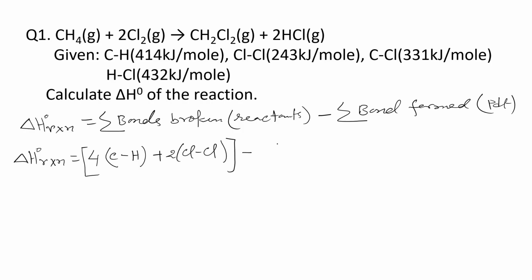Minus, what is there? Look here, 2 carbon hydrogen bonds, then 2 carbon chlorine bonds, so plus 2 carbon chlorine bonds, then 2 hydrogen chlorine bonds, that means plus 2 hydrogen chlorine bonds.